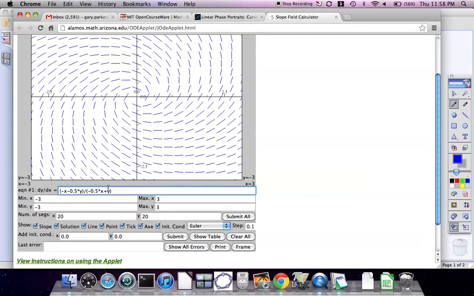What's the numerator? What's the denominator? On this particular program, multiplication has to be identified by a times, otherwise you'll get an error in the error box down here. So here's my y dot over my x dot. I chose -3 to 3, -3 to 3 for x and y to match another program we're going to look at. But here you can see that kind of spiraling going on in here.